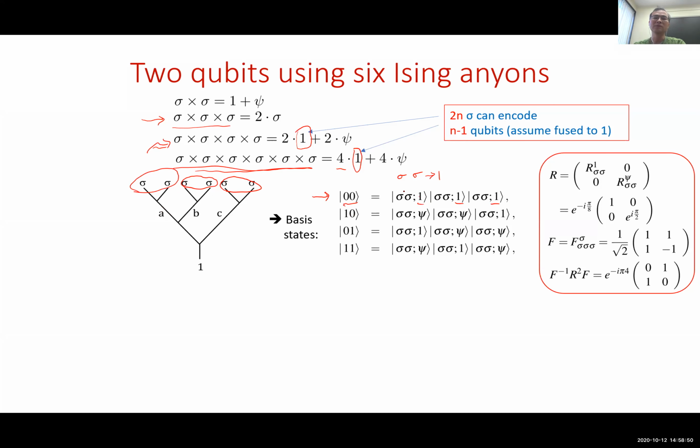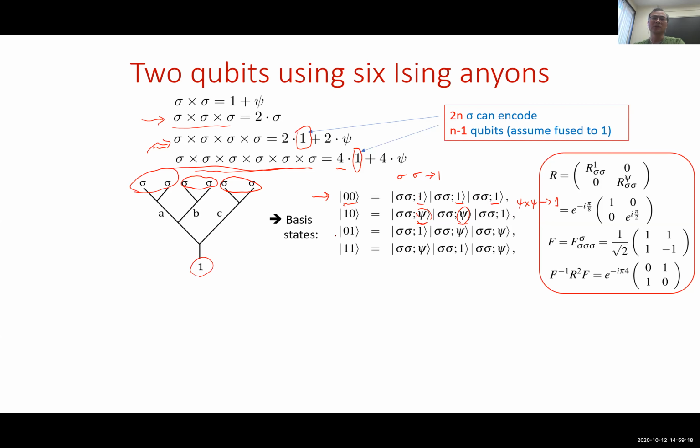For example, we could choose the first 2 pairs to fuse to fermion, and the last pair to fuse to identity. This is okay because a fermion will fuse to identity, right? So this is fine. The final product of the fusion would be 1, as indicated here.